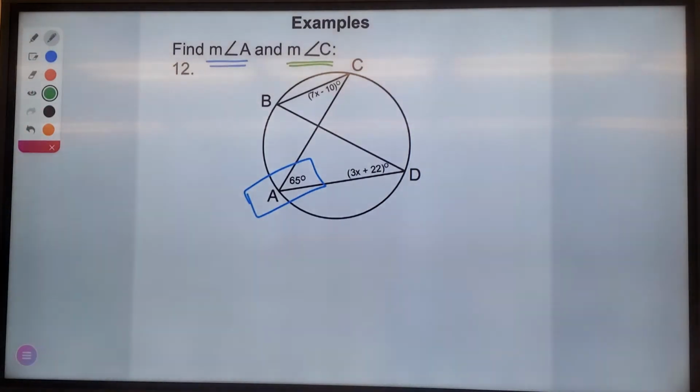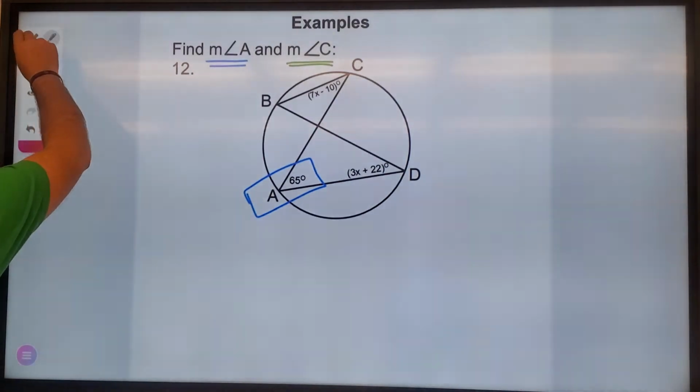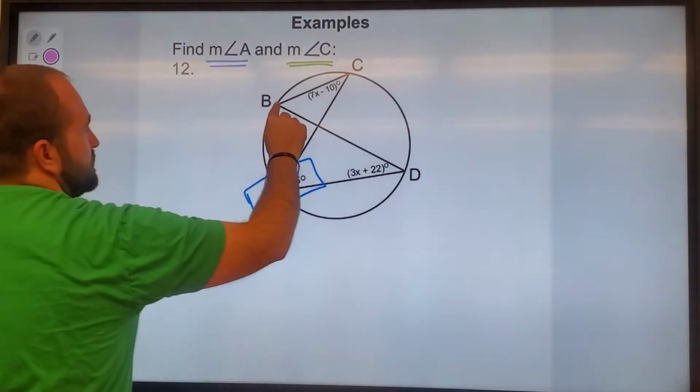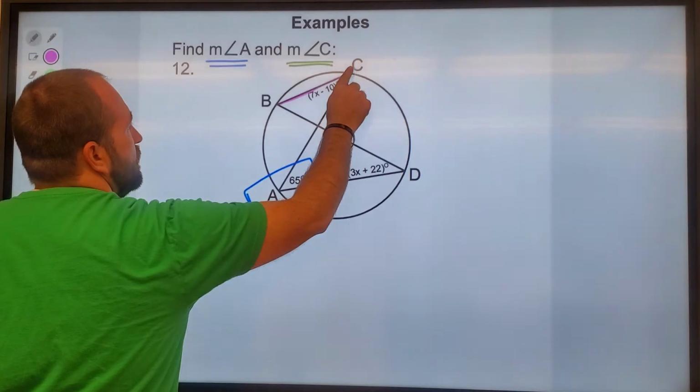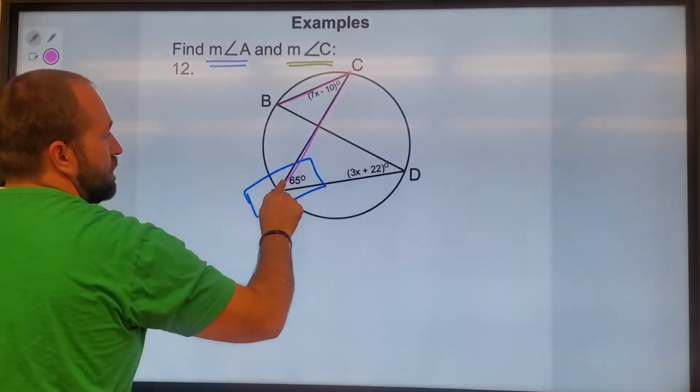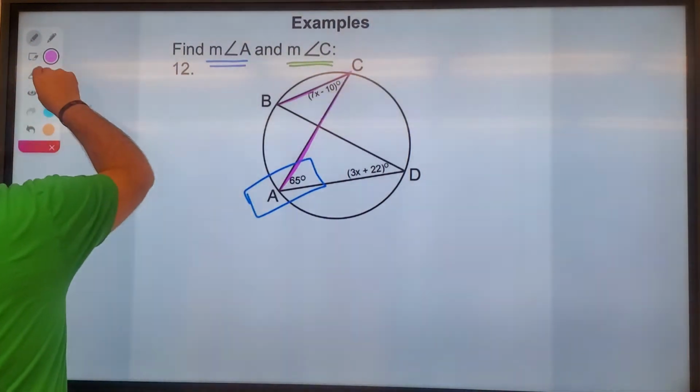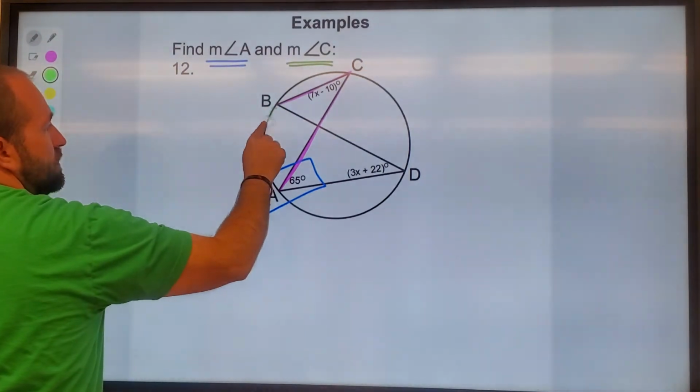Angle C, though, we do need to do a little bit of work, because angle C has an expression in it. Angle D also has an expression in it. The thing we have to pay attention to here is that angle C has this intercepted arc.